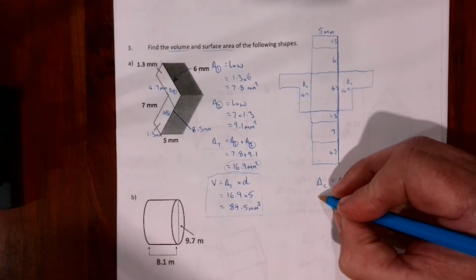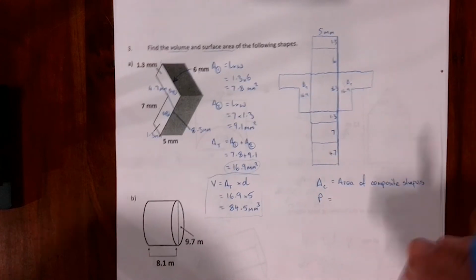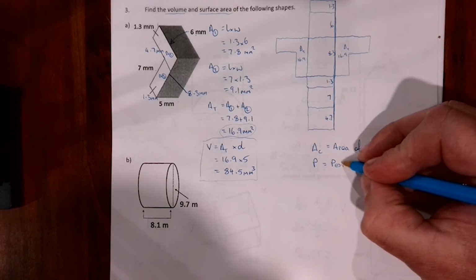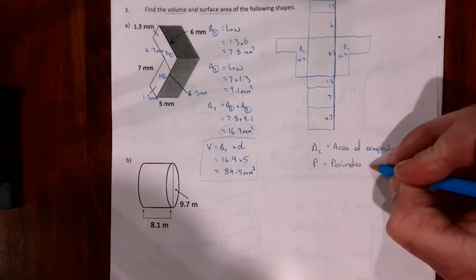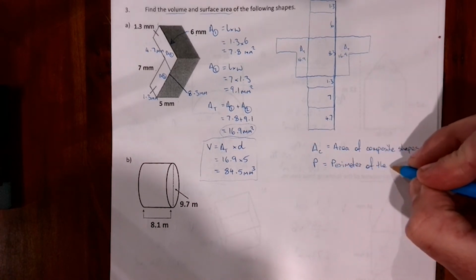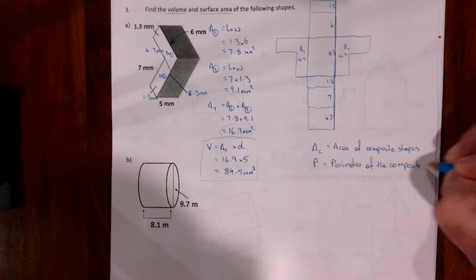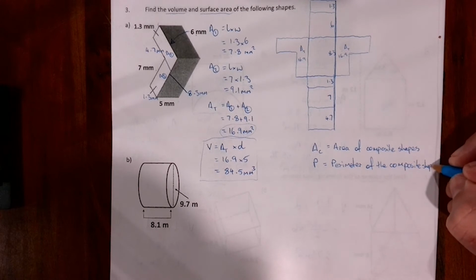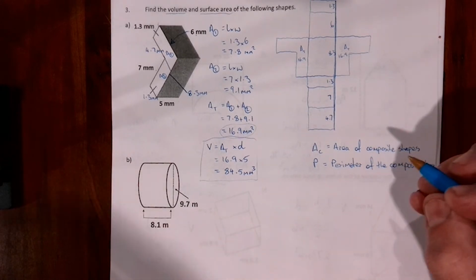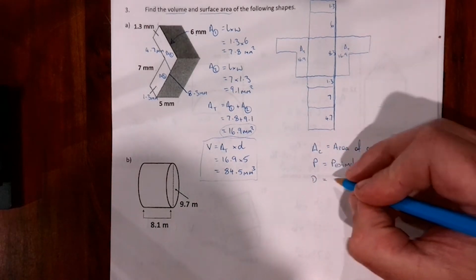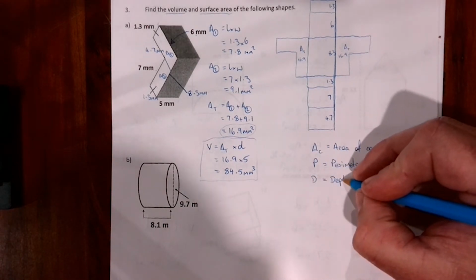We've got the P value, which we might make the perimeter of the composite shapes. And we might call the depth the depth. That makes sense. Then we aren't changing the formulas too much.